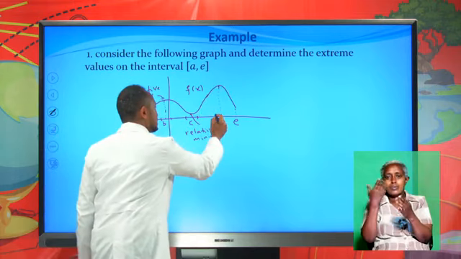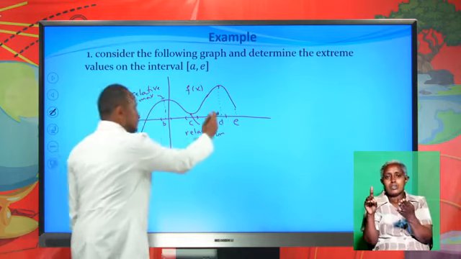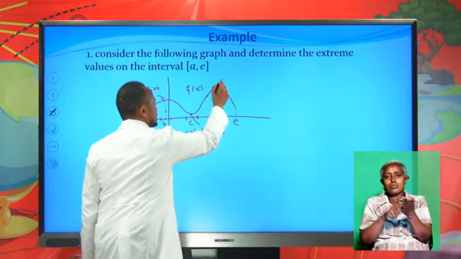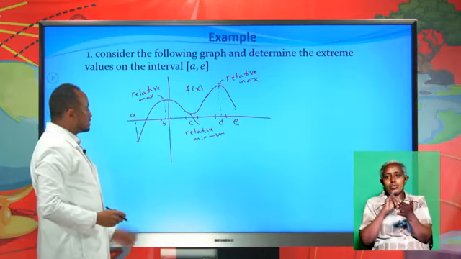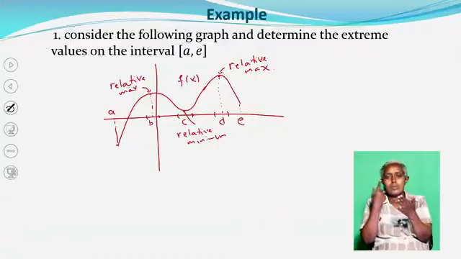If you take this one, for some open interval around D, f of D is greater than all members of this open interval. Therefore, this point is a relative maximum point. And this point is the smallest of all values of this function.